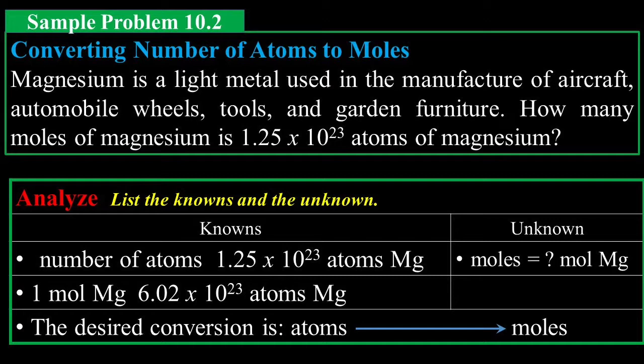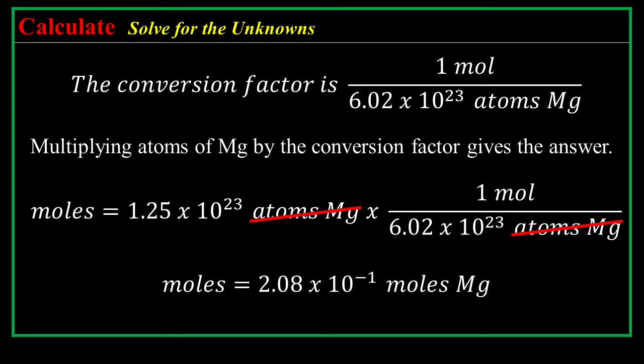Well, you could say 1.25 times 10 to the 23rd over x equals 6.02 times 10 to the 23rd over 1 mole, then solve for x, cross multiply and divide. Or you could simply understand that I want to divide 1 mole into that in terms of the number of particles, and so I divide 6.02 times 10 to the 23rd into it. Other than that, you can simply follow the book's method and things cancel nicely.